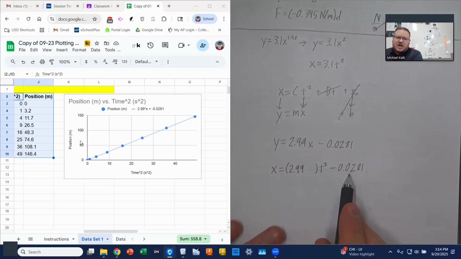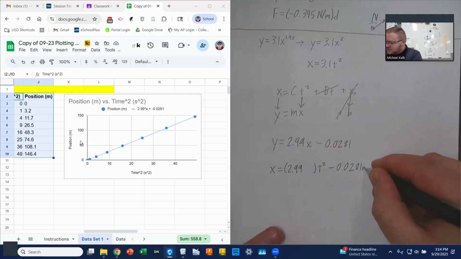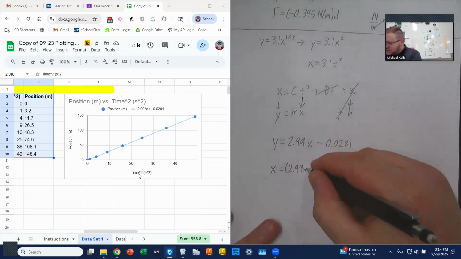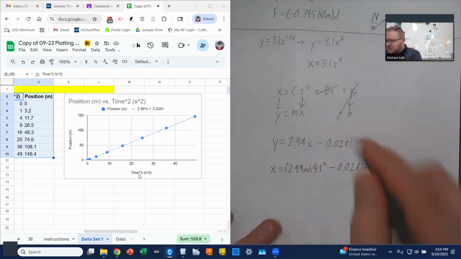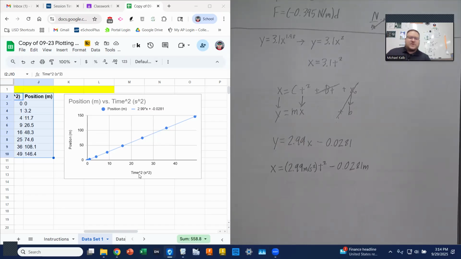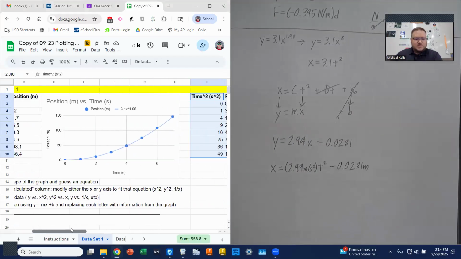So this is the y-intercept. The y-axis has units of meters. And slope is rise over run, so we have meters divided by second squared, or meters per second squared. So that's the equation that we actually get translated into the appropriate variables.